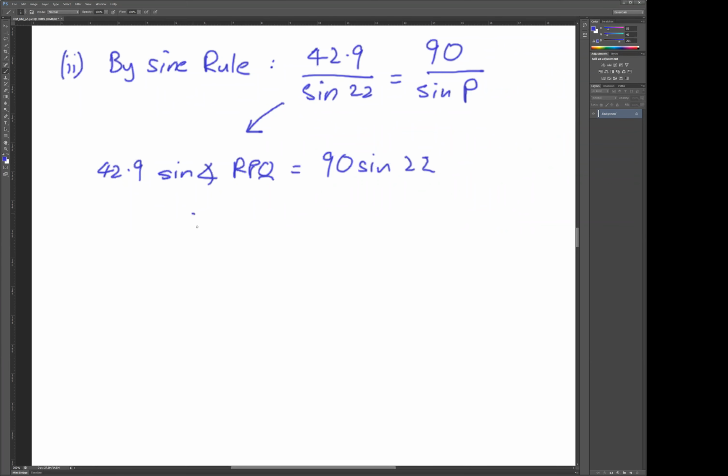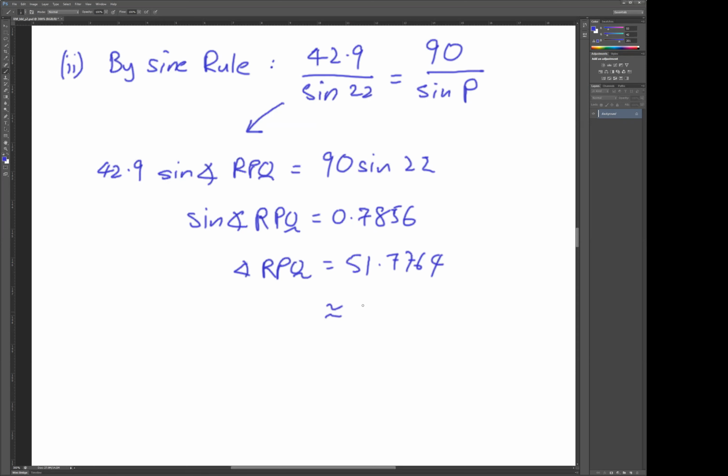So sine RPQ is 0.7856. So RPQ is 51.7764. Let's round this off to 51.8, okay? Okay, so far so good.